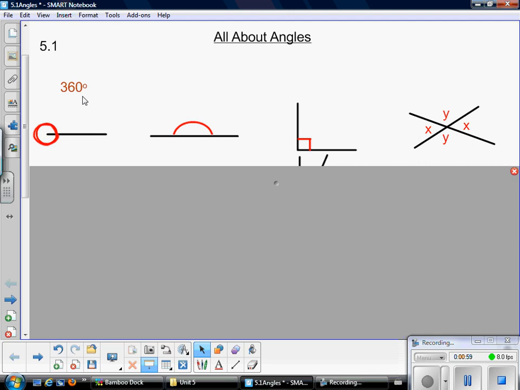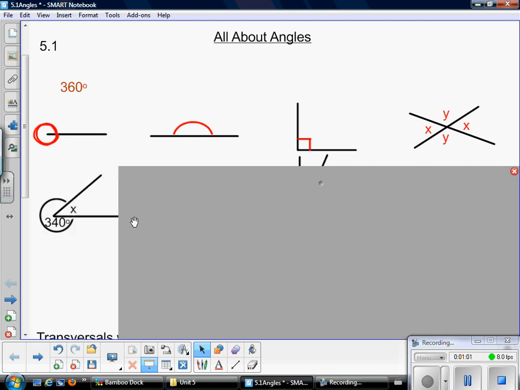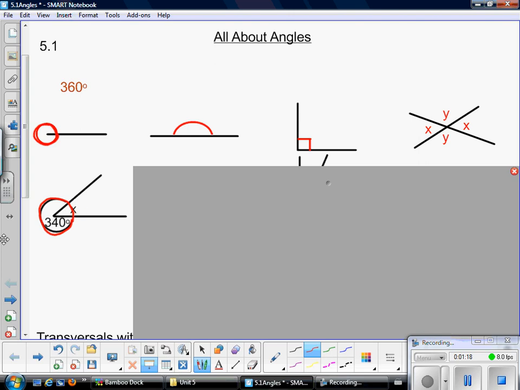Now, what that allows us to do then, if we have a question where they have given us an unknown, in this case x, and if we look, it is the exact same all the way around. You can see it is all the way around is 360. Now, obviously, they don't give us the whole 360. They tell us that we have 340 degrees and they ask what x equals.